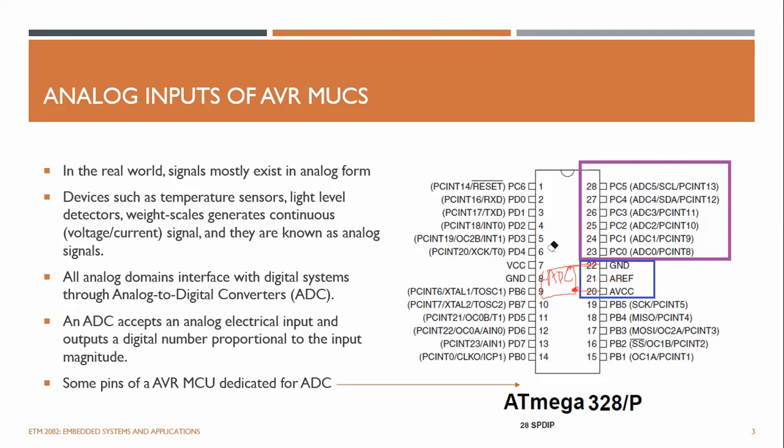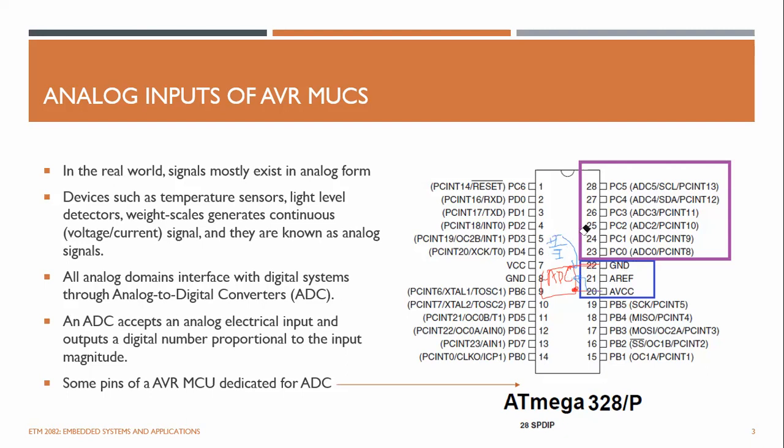Inside the microcontroller, there's a bandgap reference, which is like a fixed voltage source. You can use it for the ADC. Or sometimes you can use the VCC pin for the reference. There are some options for the reference voltage.